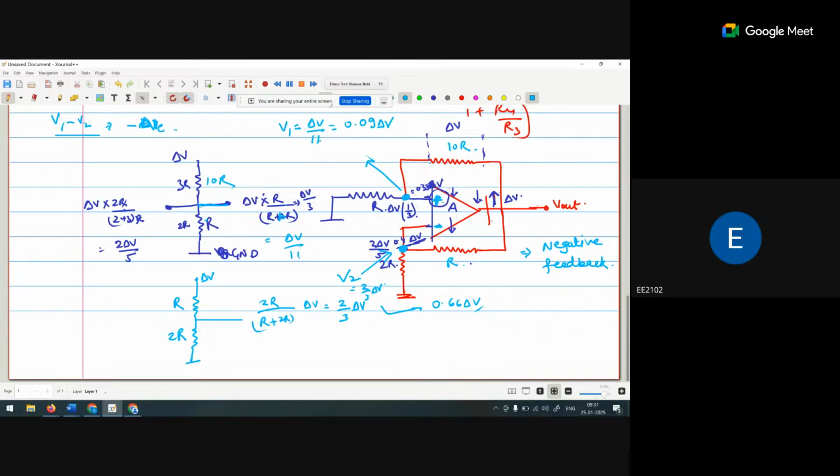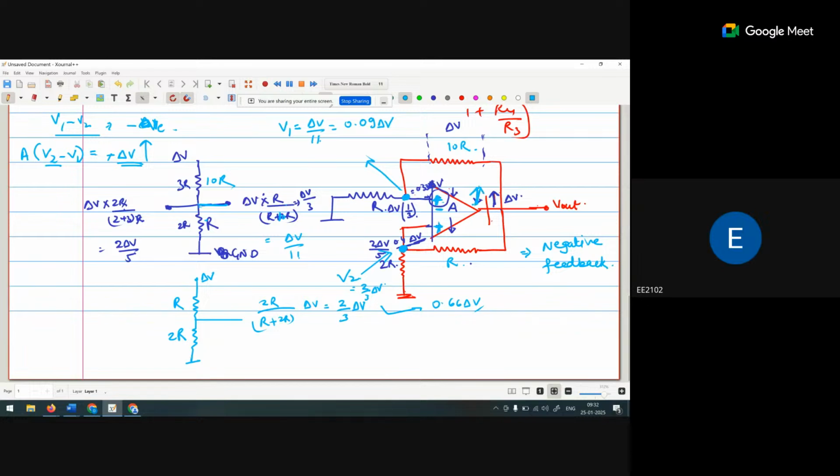If I use V2 minus V1, what is the meaning of that? V2 will become positive, that terminal will become positive, and that terminal is negative. V2 minus V1 becomes positive. Multiplied with the amplifier gain, that value is also positive. So we are getting a positive voltage.